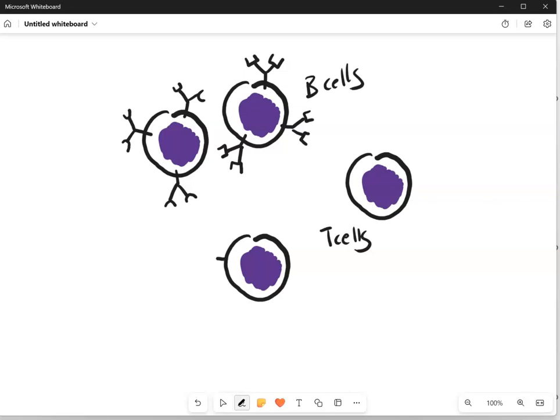Now T cells, we're always going to draw with a different shape receptor, because T cell receptors are different, and you should be able to tell me the difference. What is the big difference between T cell receptors and B cell receptors?